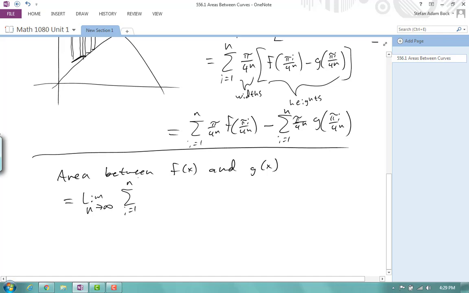I'll keep the b minus a over n, which is pi over 4n, times f of x sub i minus g of x sub i, where the x sub i's are basically just my sample points for my rectangles.